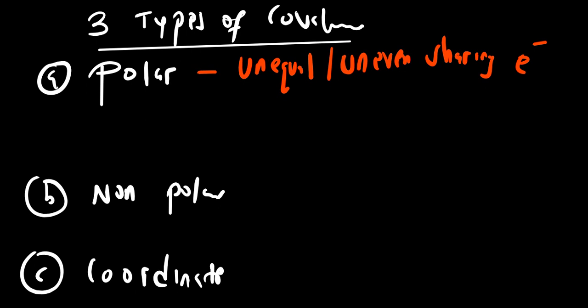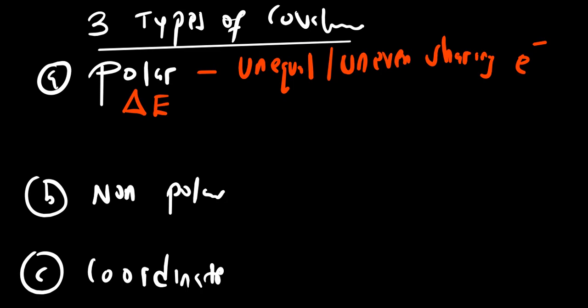Okay, let's say for example you are reacting carbon and oxygen. Let me say something first. I've introduced the aspect of electronegativity.